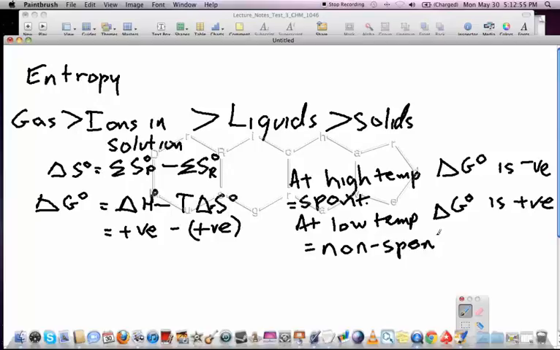So in this case we're looking at a variation in temperature. A variation in spontaneity in accordance with the temperature. High temperature, reaction spontaneous because delta G is negative. At low temperature, delta G is positive, so the reaction will be non-spontaneous.